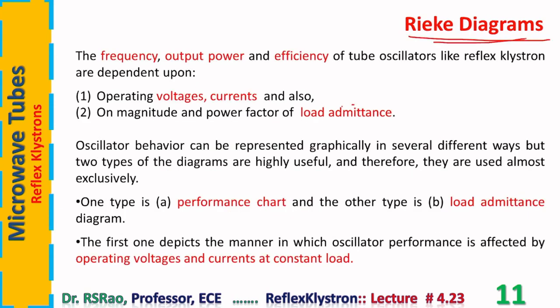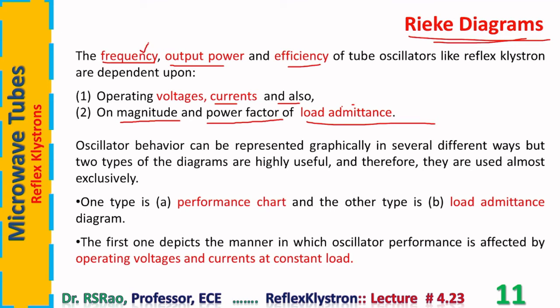Now, a few points regarding Rieke diagrams. What are Rieke diagrams? The frequency, output power, and efficiency of tube oscillators like reflex klystron are dependent upon operating voltages, currents, and also on magnitude and power factor of load admittance.